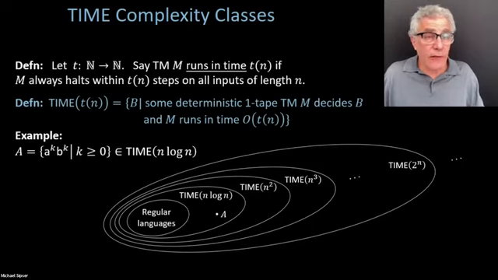Somebody says, if a regular computer, an ordinary random access computer, can do it in order n, can you do it on a multi-tape Turing machine also in order n time? Actually, I don't know the answer to that offhand.